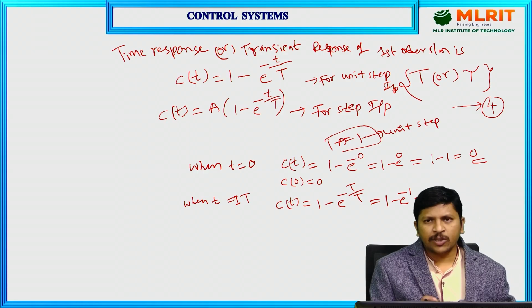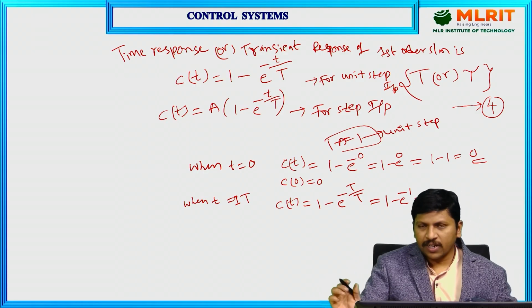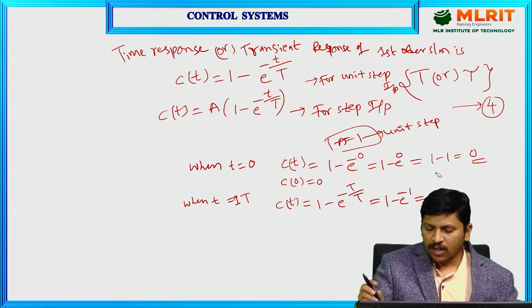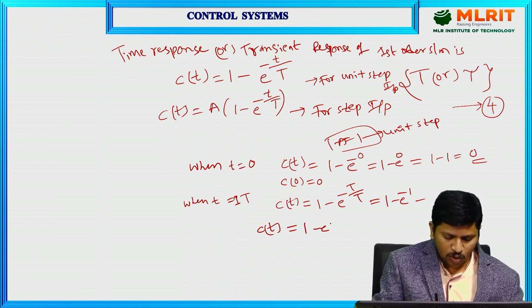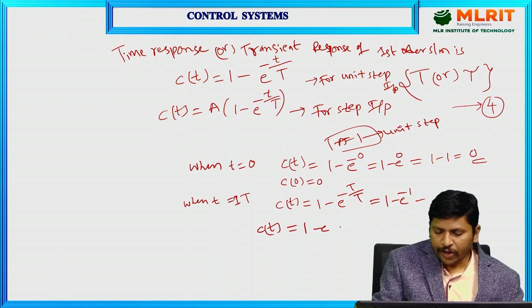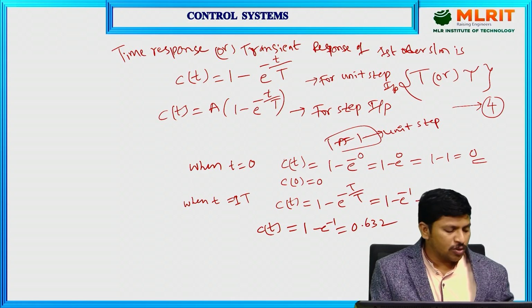Just select it on the calculator. You will get 1 minus e power of minus 1, that is C of t equals 1 minus e power of minus 1 equals 0.632 when t equals 1T.